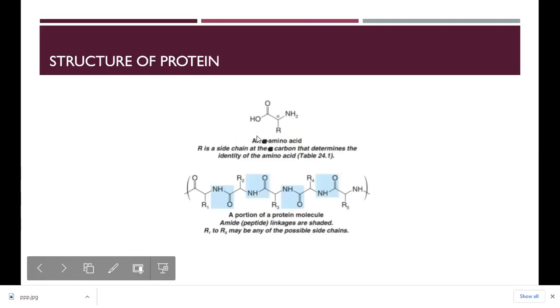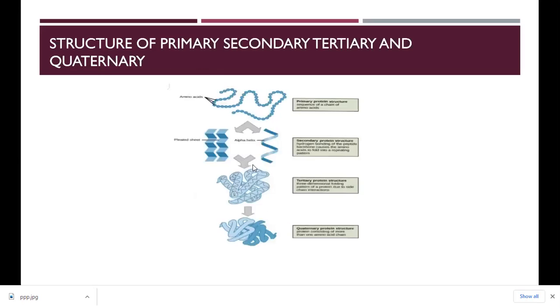Here, this is a structure of an amino acid, and this is a portion of a protein molecule, an amide peptide linkage between the amino group. This is the first, primary structure of protein. Here we can see the sequence of a chain of amino acids.